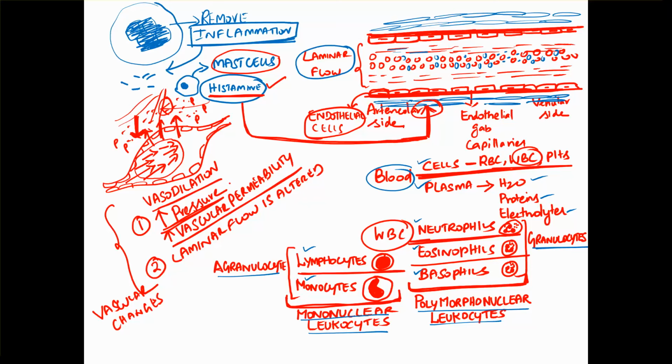That's why in a running nose they give antihistamine, to block the histamine action. Then vasodilation is stopped, there is no pressure, there is no vascular permeability, and automatically the running nose stops, because the fluid cannot escape out from the capillaries.